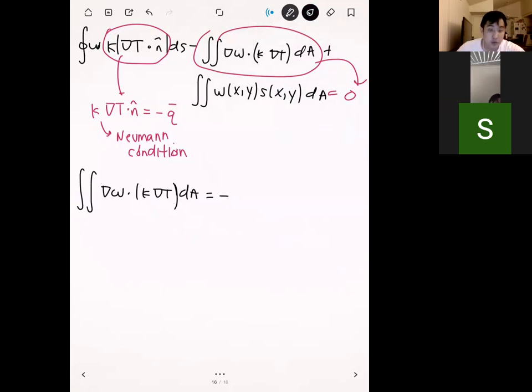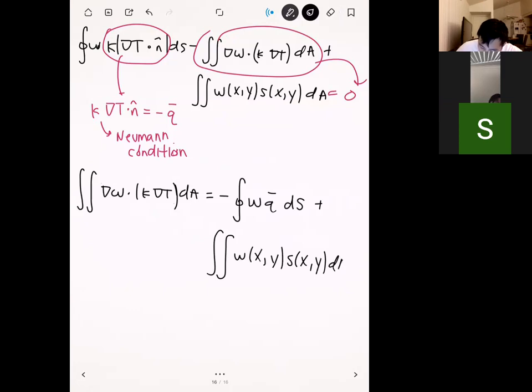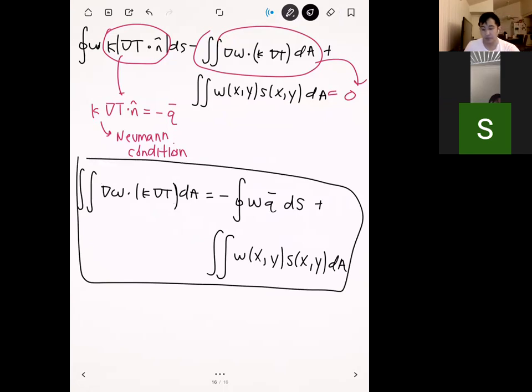It's going to be equal to minus the line integral over the boundary of w times q hat ds, plus the integral of our source term, or thermal generation term, the double integral of w of x and y, s of x and y, dA. And so this right here is the weak form for 2D heat conduction.